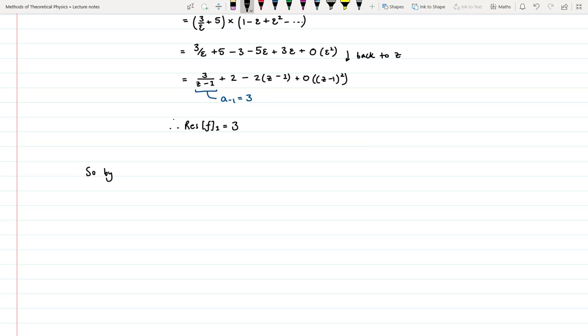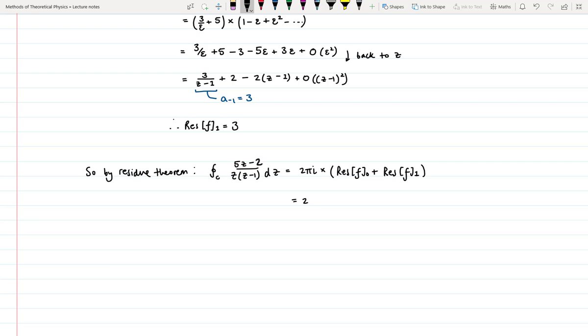We can write, so by the residue theorem, the integral along our contour C, 5z minus 2 over z times z minus 1 is given by 2 pi i times the residue at this enclosed singularity and the residue at the other enclosed singularity.